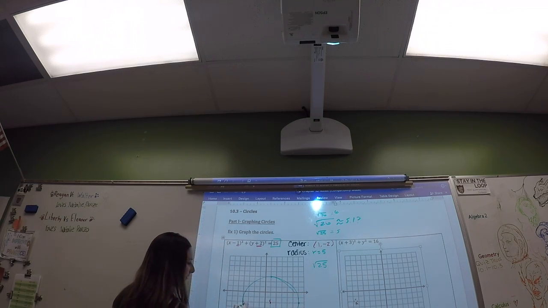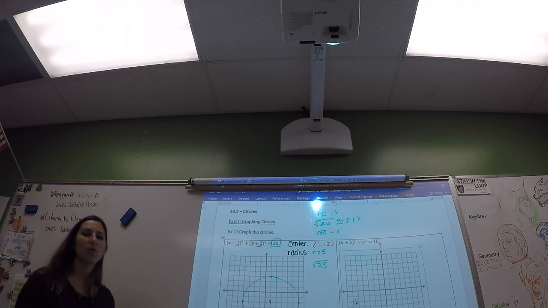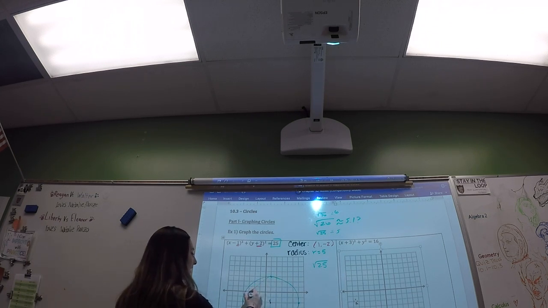It doesn't have to be perfect, but it really shouldn't look like a diamond or a square. Just pop it out a little bit. Sketch it out so that it's more rounded, and then you can go back in here and erase the icky stuff.